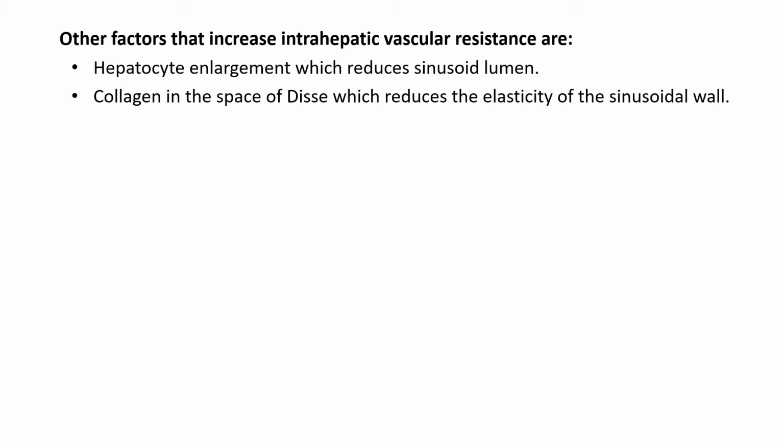So even if we wanted to vasodilate, that collagen there would potentially stop it happening. In later stages, we got regenerative nodules. So it's possible that these regenerative nodules would actually compress some of the venules, either running in to the liver or compress the sinusoids.